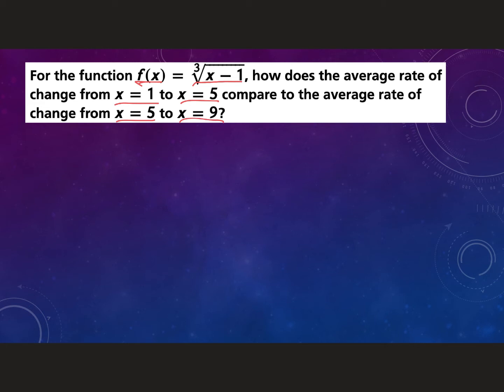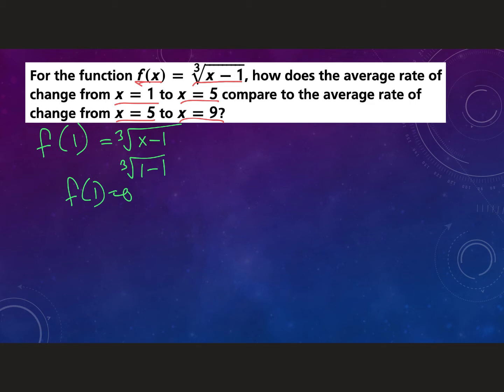I need to find the value of f of 1. f of 1 is the cube root of 1 minus 1, which is simply 0. So f of 1 equals 0.